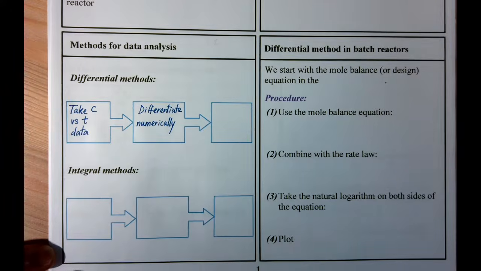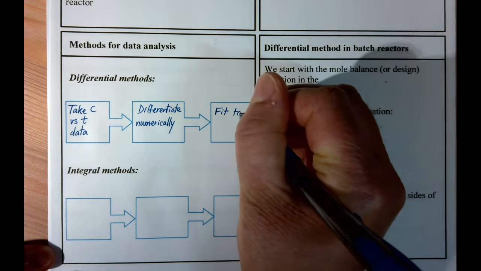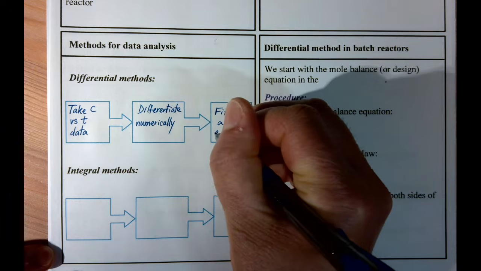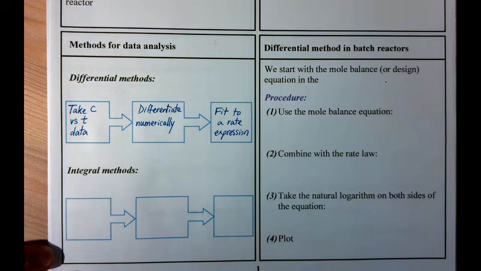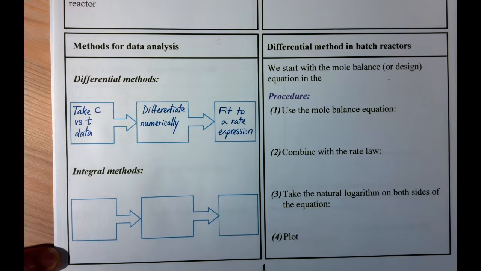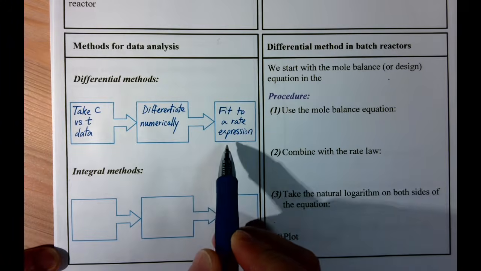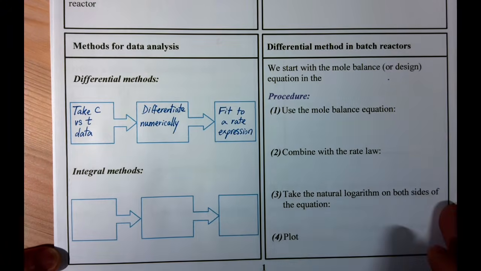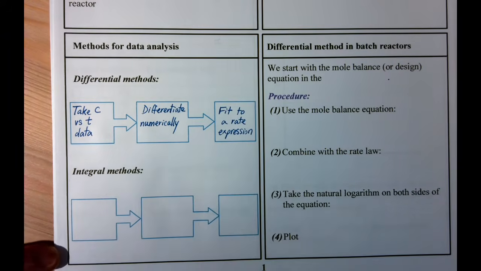And once you've differentiated the experimental data numerically, you then fit the data to a rate expression. So these are the three main steps. We will do examples a bit later on in the notes, but for now, just remember these, and we'll come back to them later.